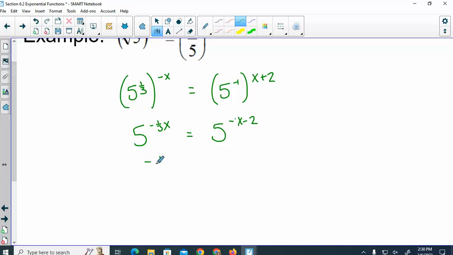So now let's have our exponents equal. Add our x over.